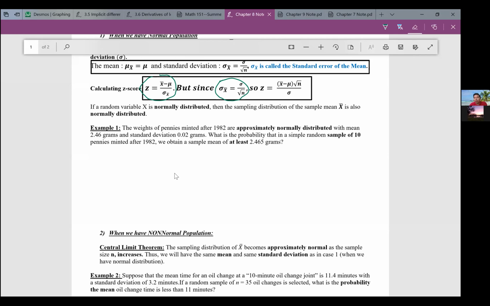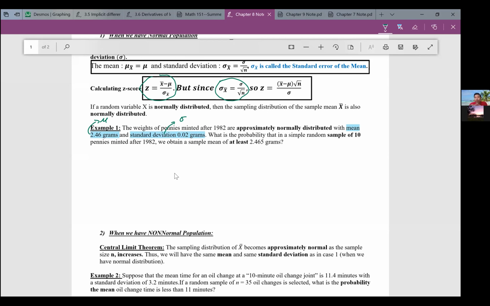That's the population right there, with the mean of 2.46 grams, that will be mu, and the standard deviation of 0.02 grams. That will be our original sigma, because we know that all pennies minted after 1982 are approximately normal with that information.